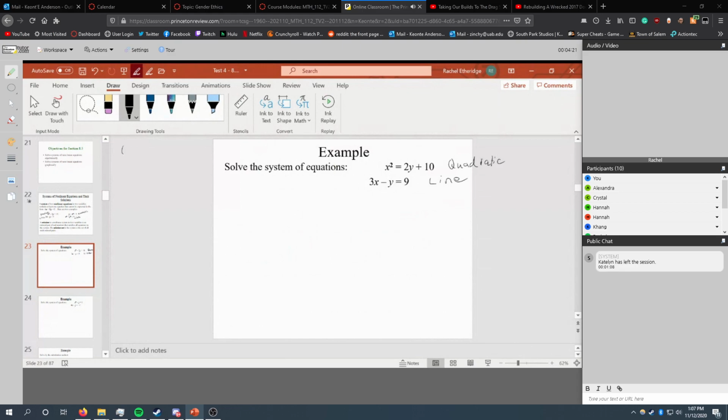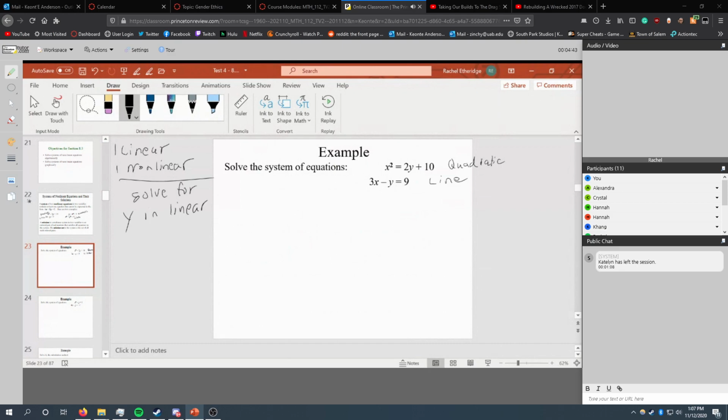So if you're dealing with one linear and one nonlinear, then we want to solve for y in the linear equation because it's easy to solve.